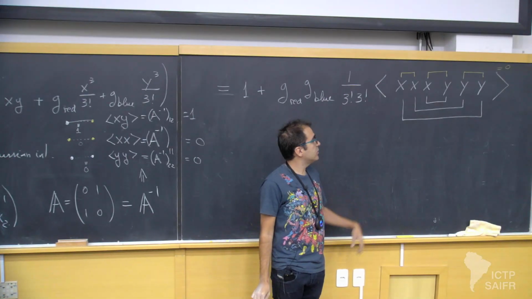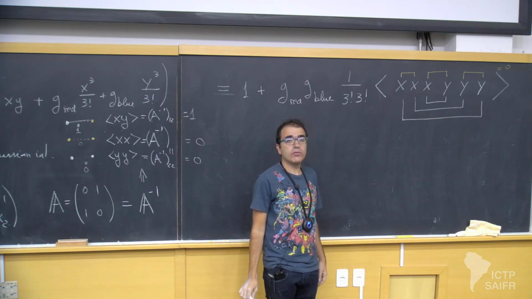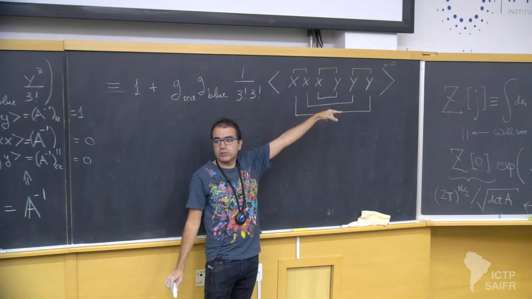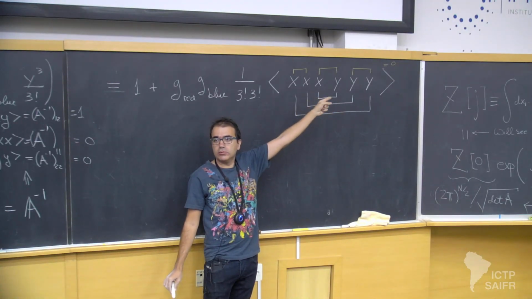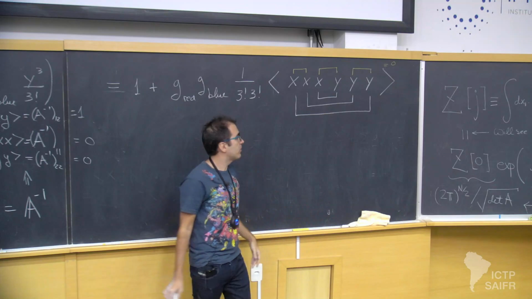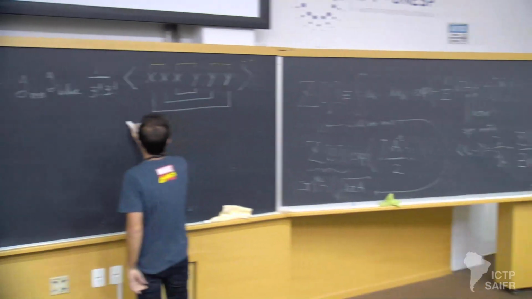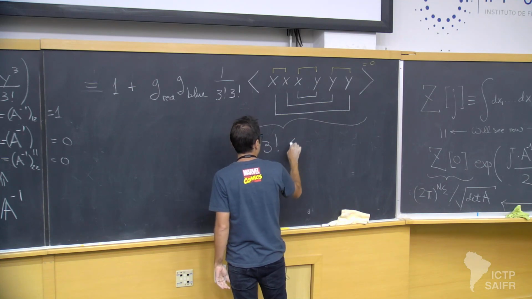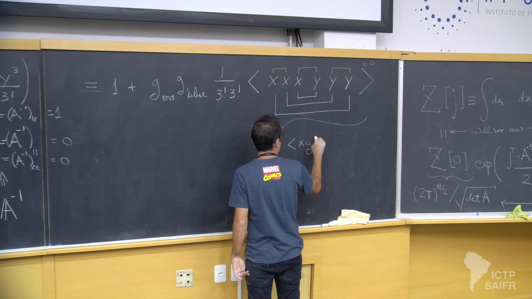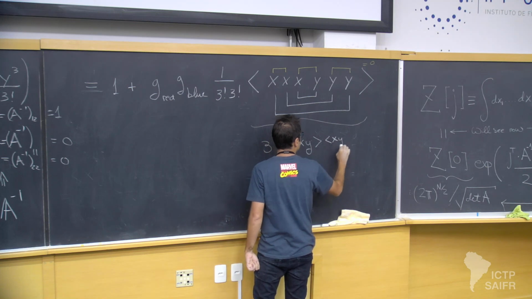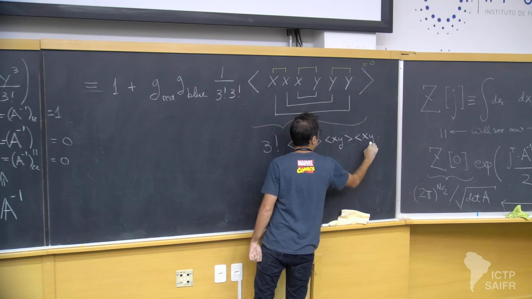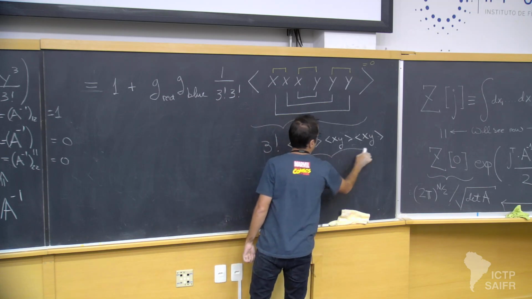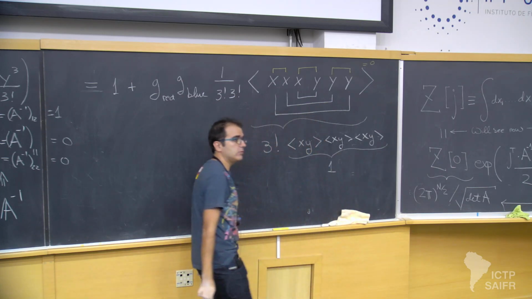How many are there which are not 0? 3 factorial. Right? I take the first x and say, to which y do we want to go? That's 3. Second x, 2. Last x, 1. All right? So the full result of Wick's theorem tells me that I have 3 factorial times the expectation value of xy times expectation xy times expectation xy, which is equal to just 1, because we defined each xy to be just 1.